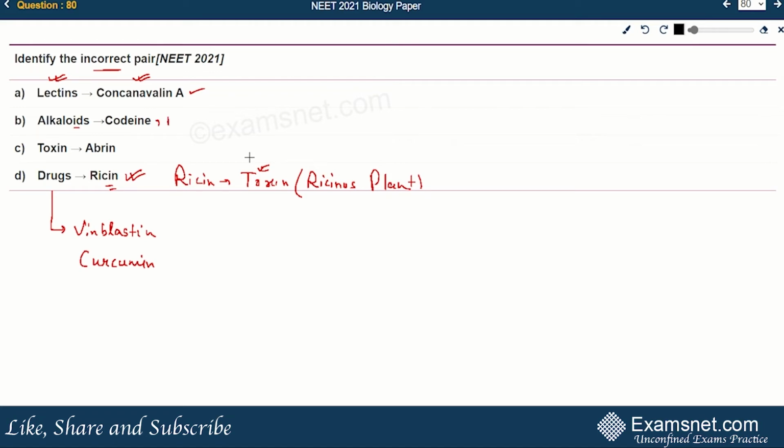Other than codeine, what is a common example of alkaloid? Morphine. So these two are very common examples of alkaloid. Then the third one, that is abrin, is also the correct match for toxin because this is a type of toxin. And it is obtained from which plant? Abrus. So now we know that option D will be incorrect.